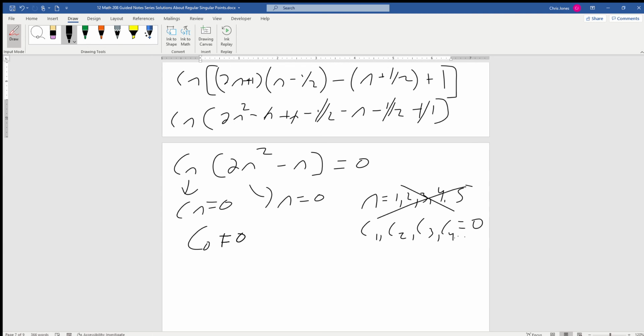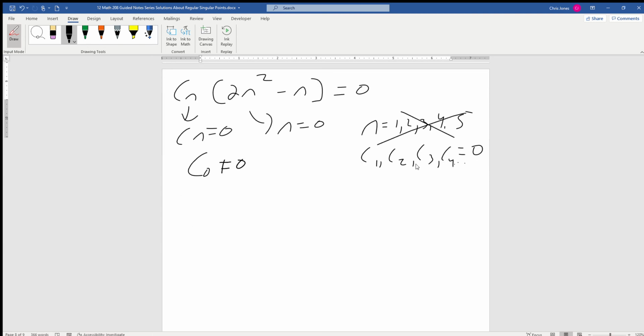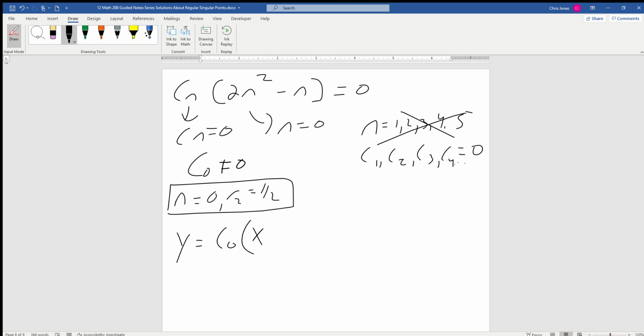All right, so given all that, when n is equal to 0 and R2 is equal to a half, that means the solution we get is that y is going to be equal to C sub naught x minus 1 to the 0 plus a half, right?